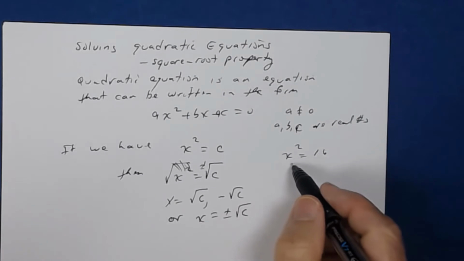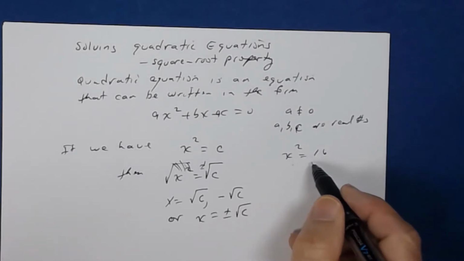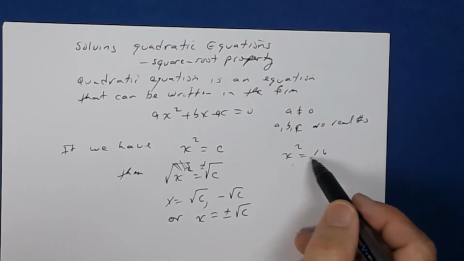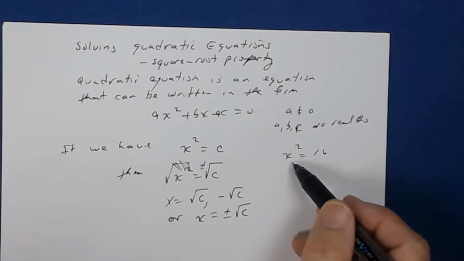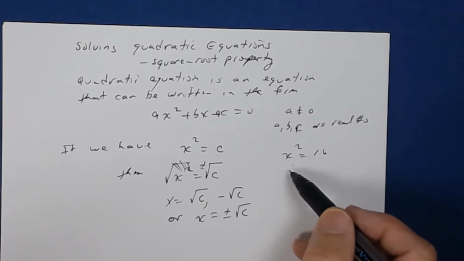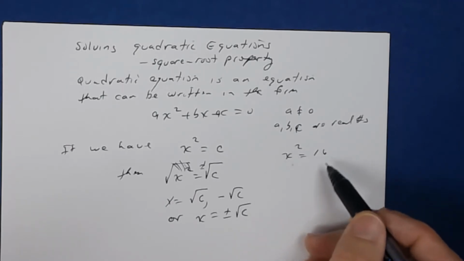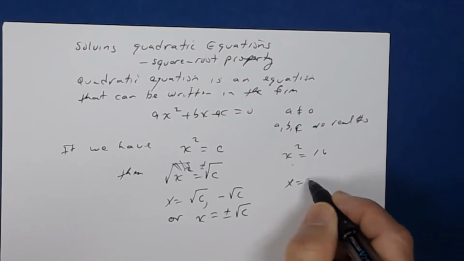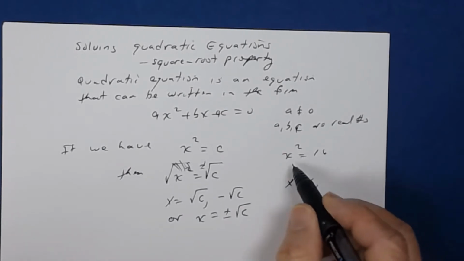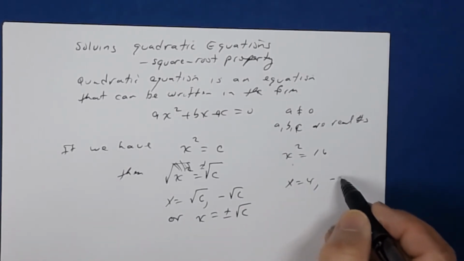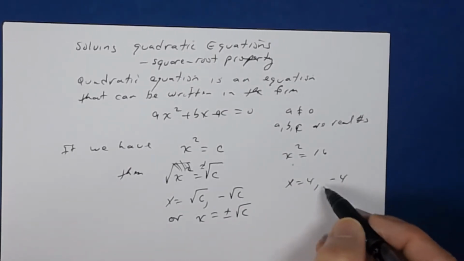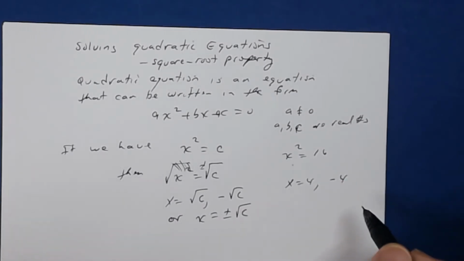In my math lab, they're going to want you to separate the solutions using commas. Over here, where I have x squared equals 16, you can look at this equation and very easily determine the solutions. What number times itself is 16? Well, x equals 4, because 4 times 4 is 16. But also negative 4, because negative 4 times negative 4 is positive 16.